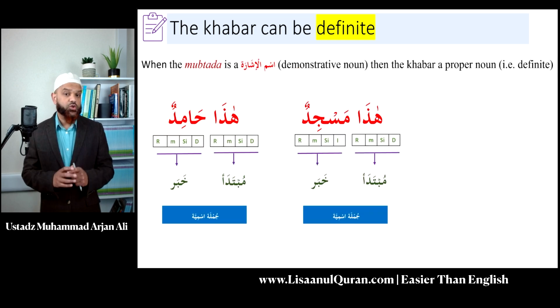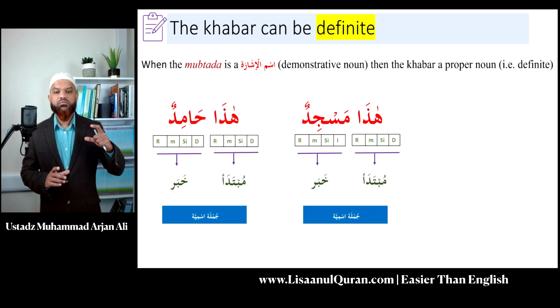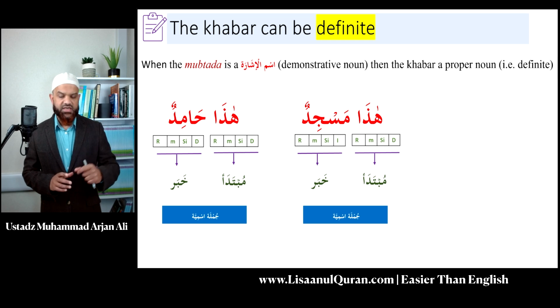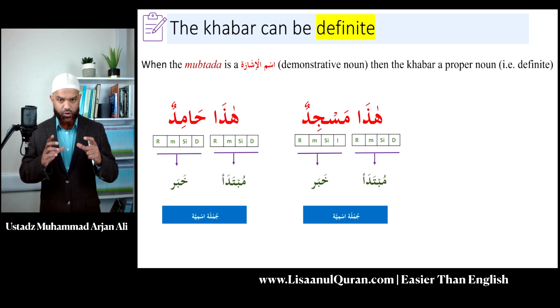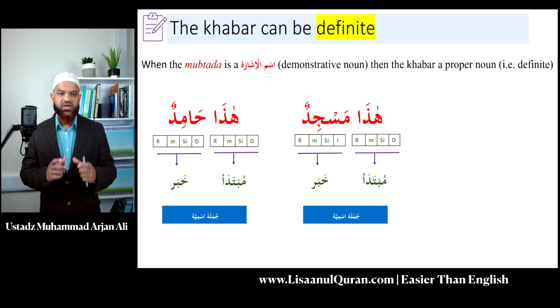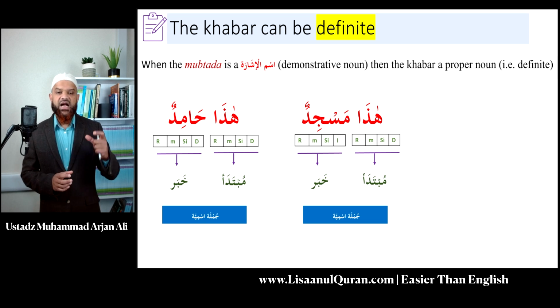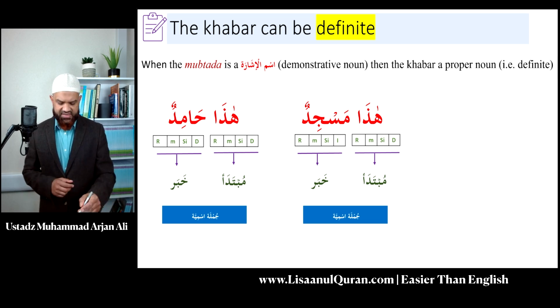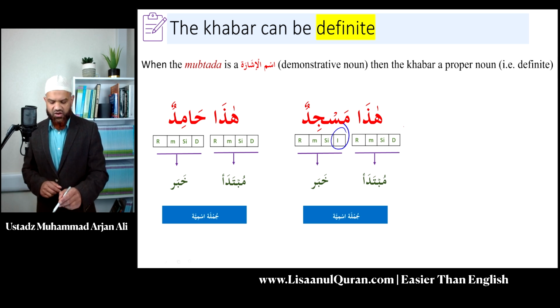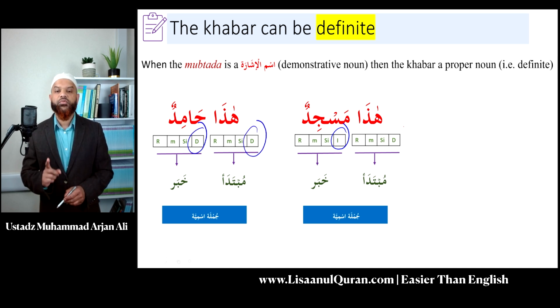The khabar can also be definite when the mubtada, the subject, is a pointing word or a demonstrative noun. Take two examples here. I have hadha masjidun. This is your standard sentence structure. We have definite and we have indefinite, no problem. In the second one, however, I have definite followed by definite, but this definite is a proper noun.